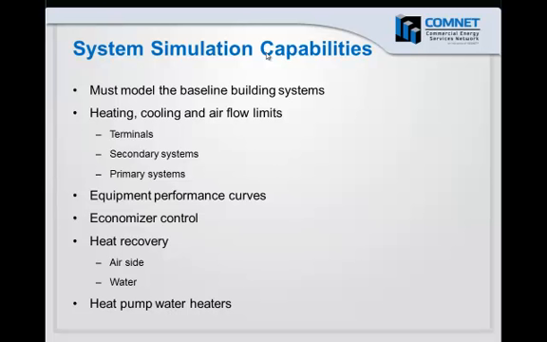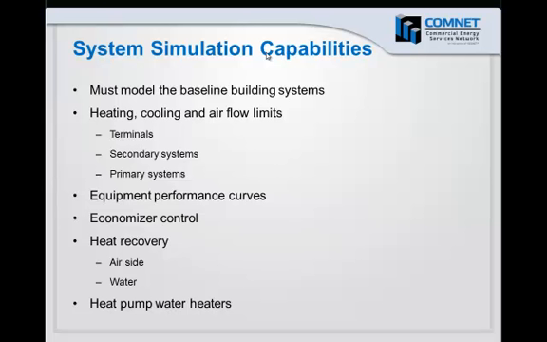Systems must be able to model heating and cooling, airflow to the zones, including at the terminals to the zones, also at secondary systems, which would be, for instance, the fan coils, and then at primary systems would be the primary chillers, boilers, towers, and so forth.